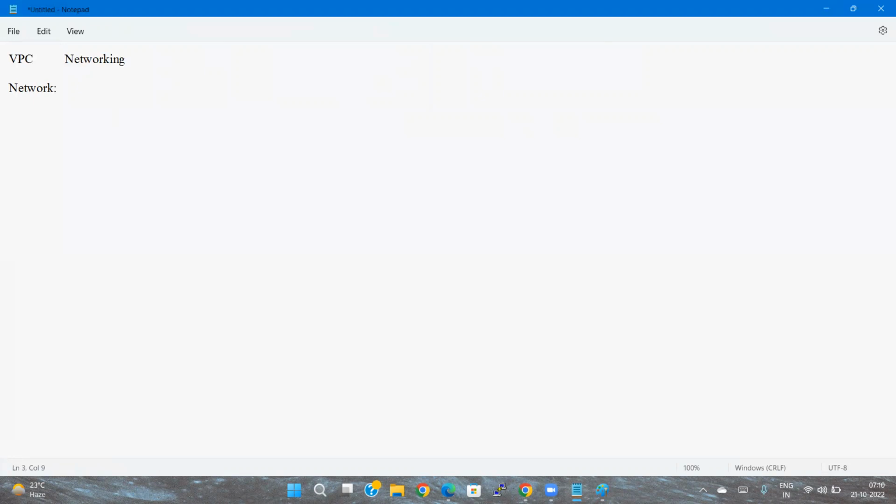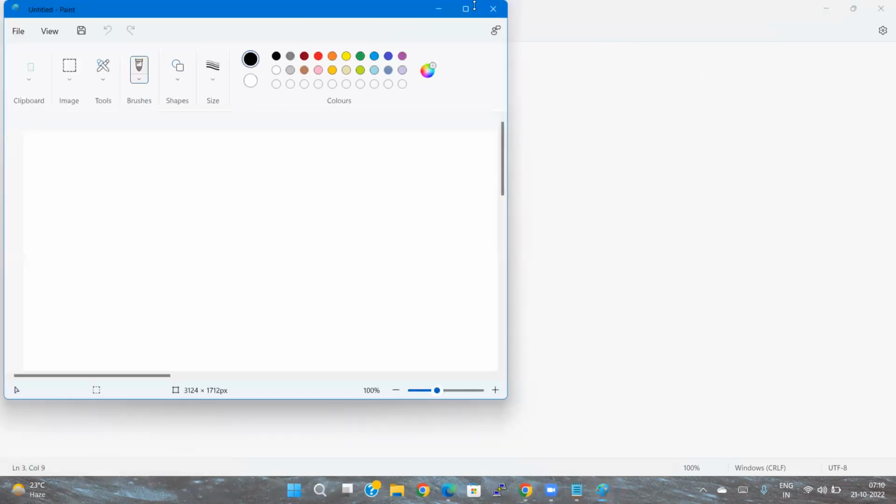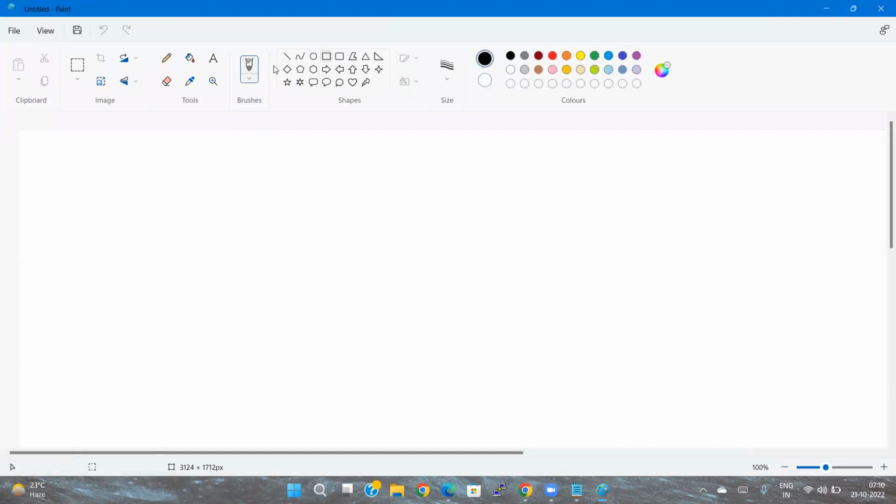Now, you know that there will be multiple computers in a particular location, and if one computer wants to communicate with another computer, then all the computers should have an interconnection. They need to connect through a LAN cable, or any cable, wired media, or wireless media. So what I'm saying is, network means connecting two or more devices with the help of a transmission media. For example, here I have a computer.